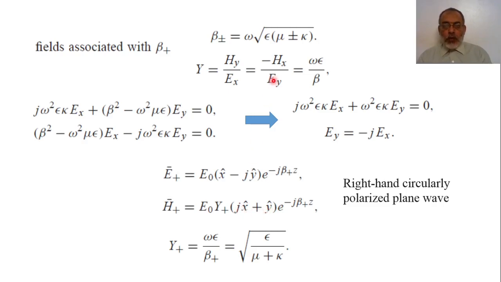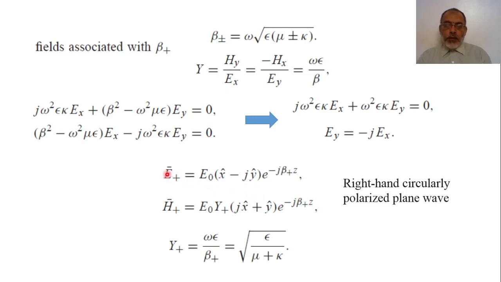The j in X direction is coming from Hx, which is proportional to minus Y plus multiplied by Ey. And Ey is already minus j, so minus j times minus would be plus j in X direction. On the other hand, Hy is proportional to Y plus Ex, so in Y direction it would be E naught multiplied by Y plus. And the propagation is e to the power minus j beta plus Z.